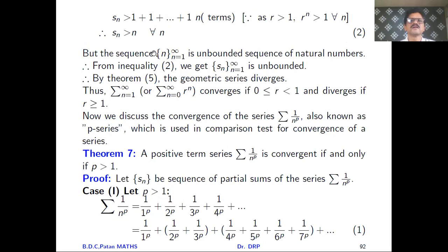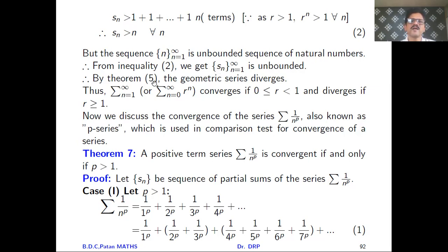Its meaning is that this n, where n runs from 1 to infinity, is an unbounded sequence of natural numbers. Hence, from inequality 2, we get that Sn, n running from 1 to infinity, is an unbounded sequence.